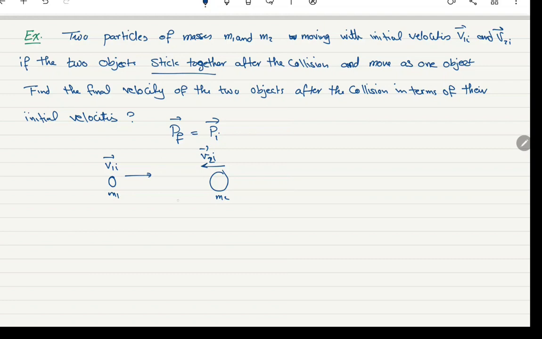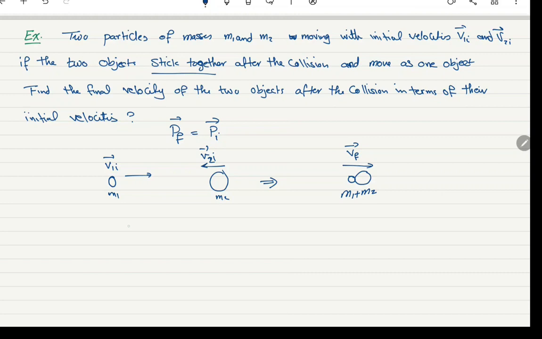Now this is before the collision. Now after the collision, this is the first one, this is the second one here, and both move with a common final velocity. The total mass for this whole system is m1 plus m2.